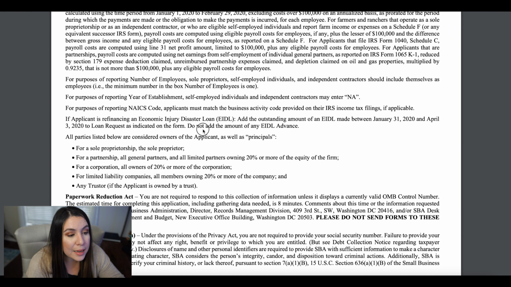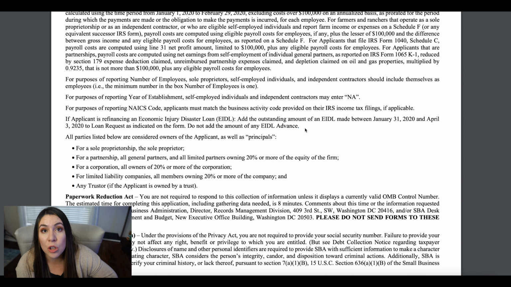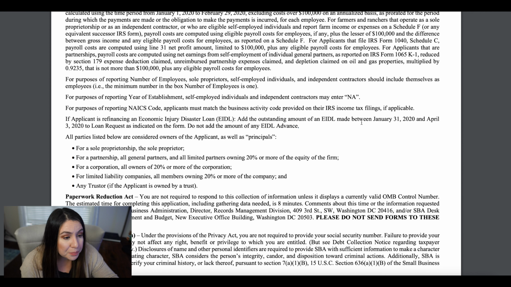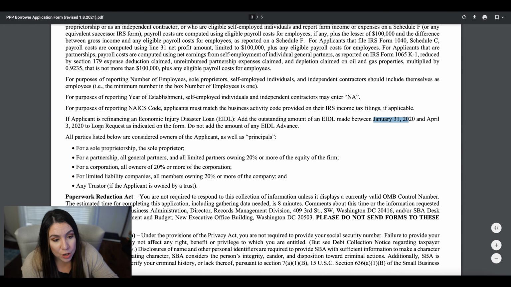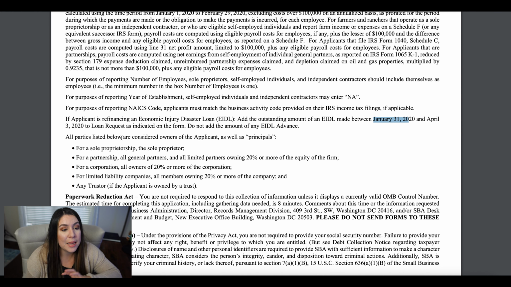Do not add the advance. So if you have an EIDL loan, then you need to take this time frame, your outstanding amount from January 31st to April 3rd, and you get to add that amount to your loan request.